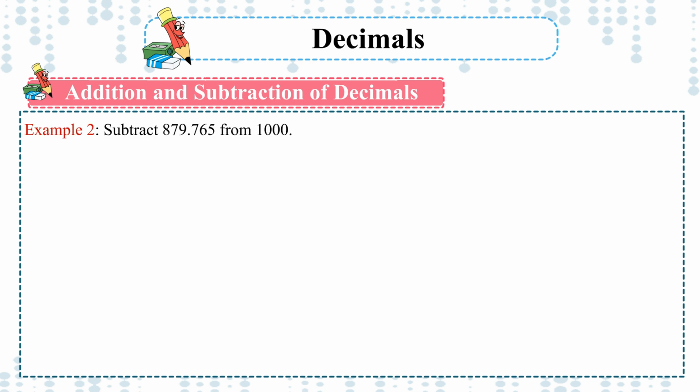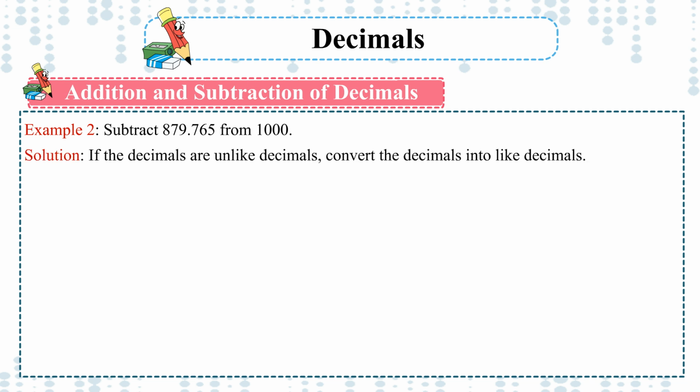Example 2. Subtract 879.765 from 1000. Solution.